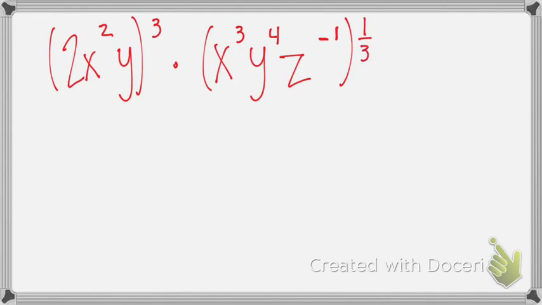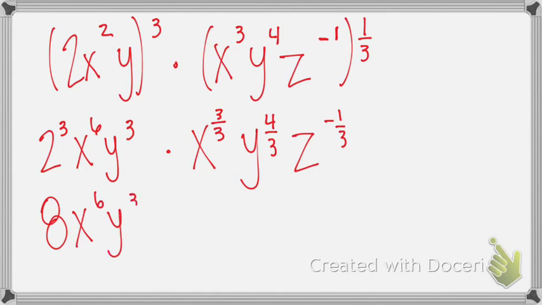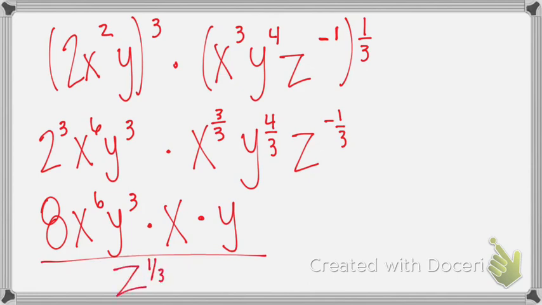So I have a 2 to the 3rd power, an x to the 6th, and a y to the 3rd, times an x to the 3 over 3, a y to the 4 over 3, and a z to the -1/3. 8x 6 y 3 times x times a y over z to the 1/3. And remember, I'm moving that z because it's negative.